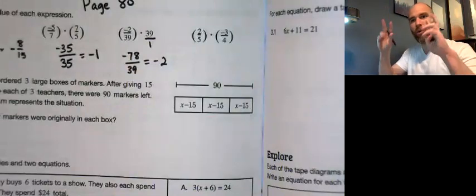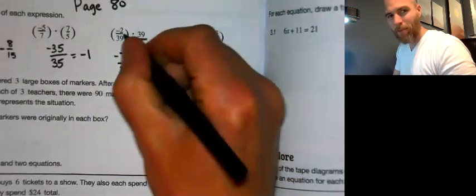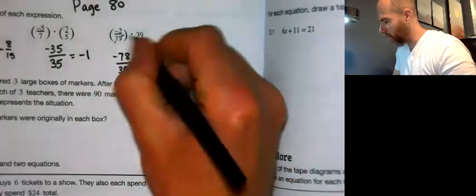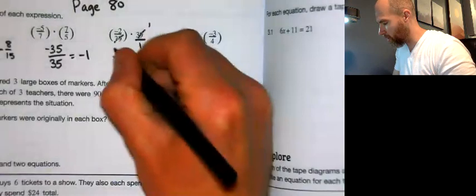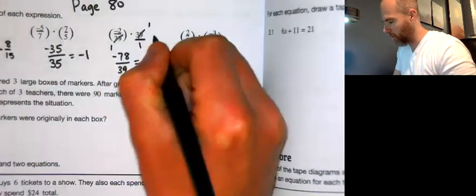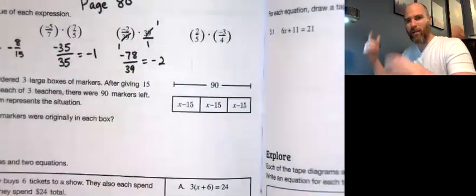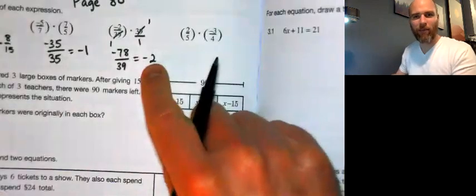So you can cross cancel, sort of do the work ahead of time. You can be like, oh, 39 on top and 39 on bottom, I don't need those. I can turn them into 1s. And then what happens is you get -2 times 1 equals -2, and 1 times 1 equals 1. So you wind up with -2/1. Same thing we got, right?